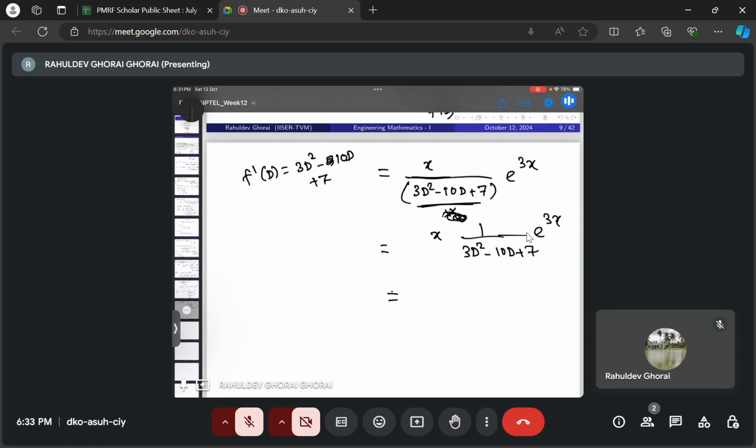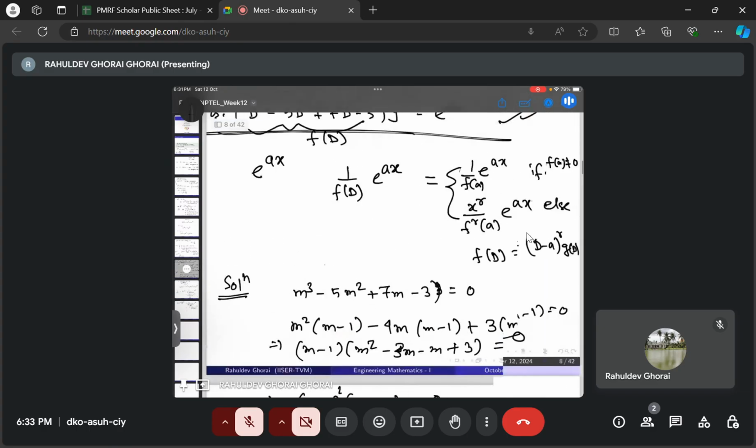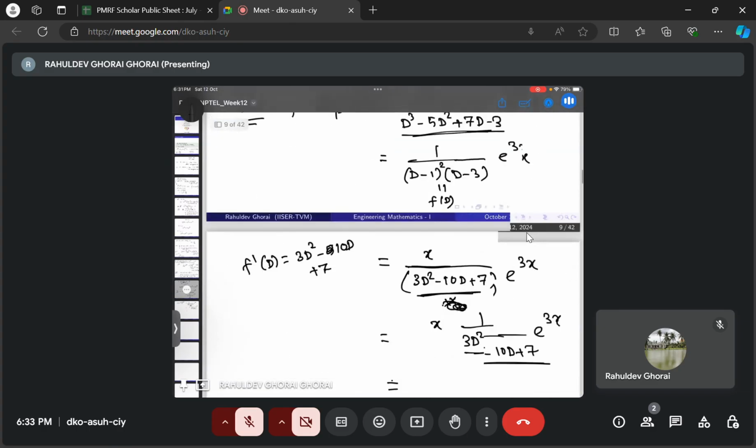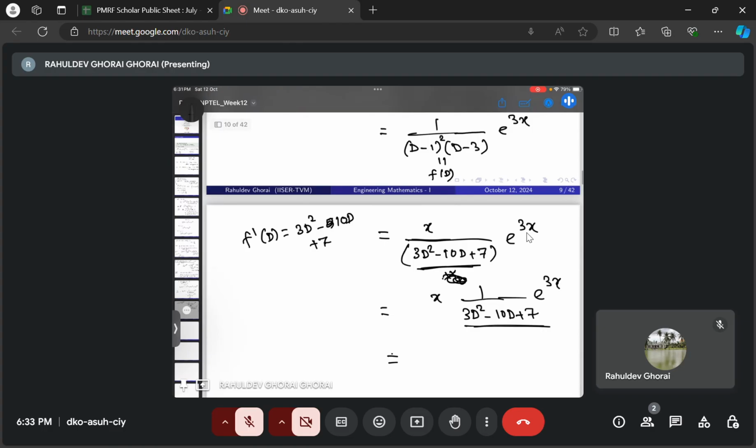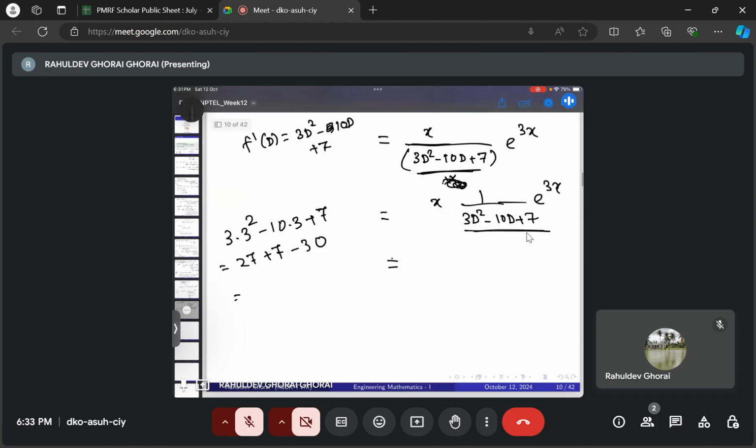So that you can write as e to the power 3x over, this is now your f(D). Now your form will be as in the first case, if f(a) is not equal to 0. What is f(a) here? 3 times 3 square minus 10 times 3 plus 7, so 27 plus 7 minus 30, which equals 4.